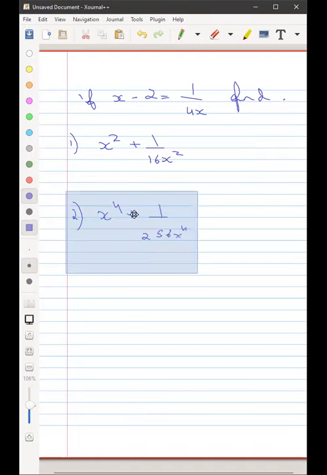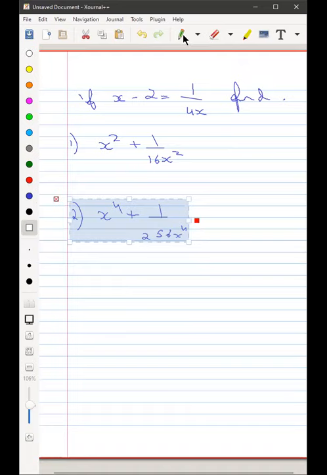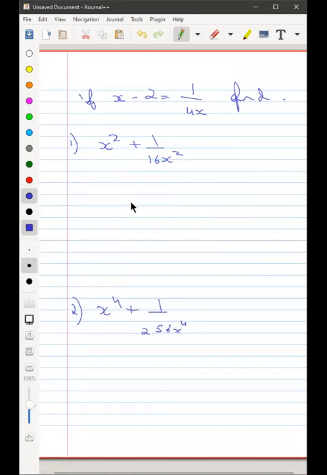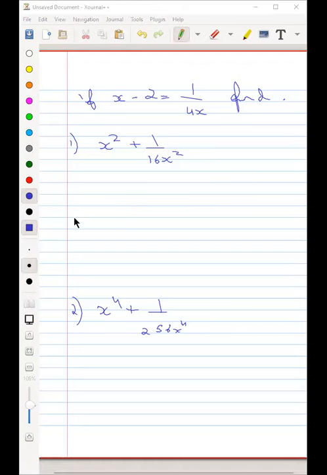Only Ishan has finished, so you can go on to the second part. Last 1 minute for the first one. Come on, you cannot take so much time.